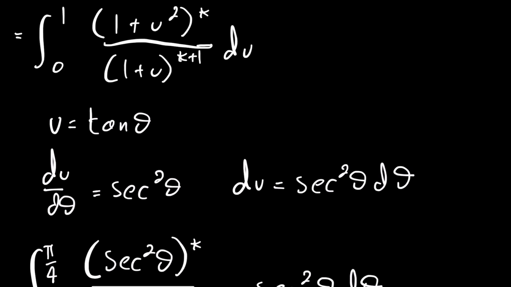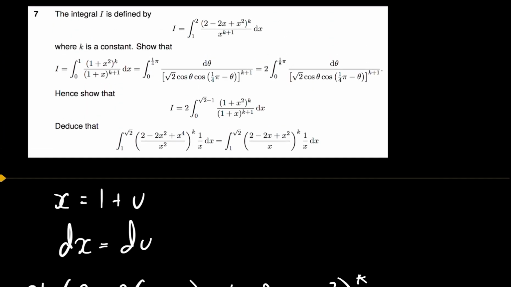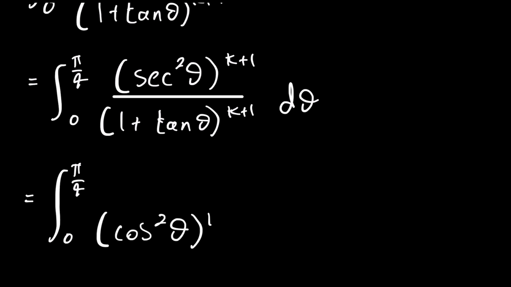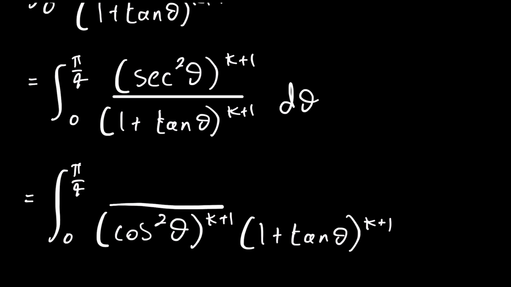However, the expression we're asked to form is in terms of cos. And we can handle this just by putting our sec squared in the denominator, turning it into cos squared. So we have cos squared theta to the k plus 1, and our 1 plus tan theta to the k plus 1 in our denominator.